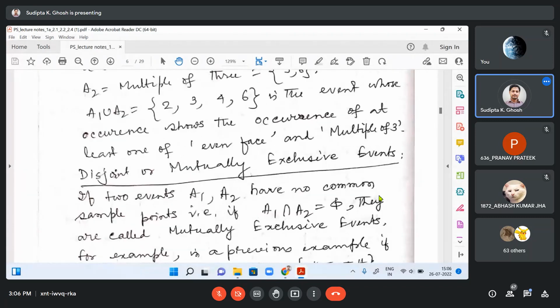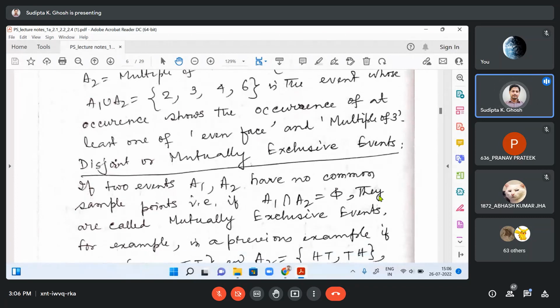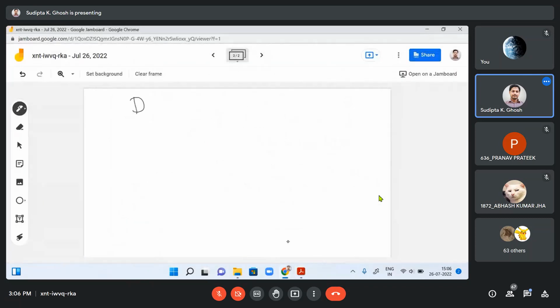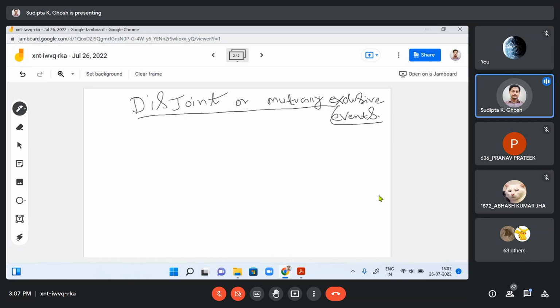Now it comes to disjoint or mutually exclusive events. All these terms you have to remember very carefully. What is the meaning?